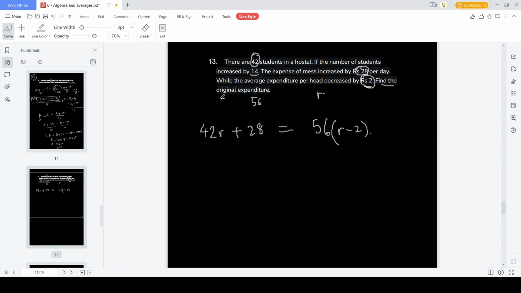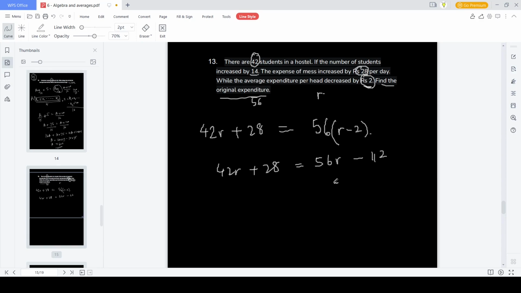They want to find the original expenditure per head. Basically they want R. Fine. Now I will just open this bracket. I will get 42R plus 28 is equal to 56R minus 112. So I can take R this side and 112 this side.